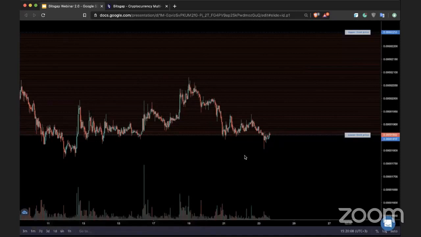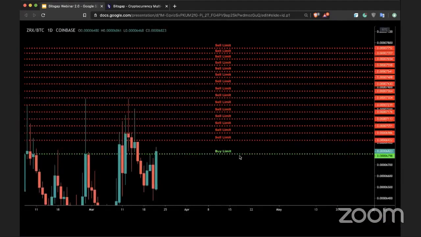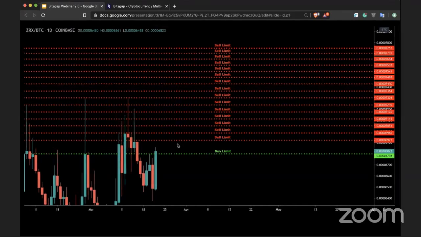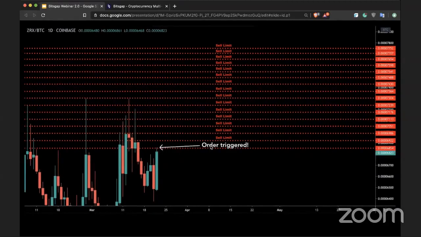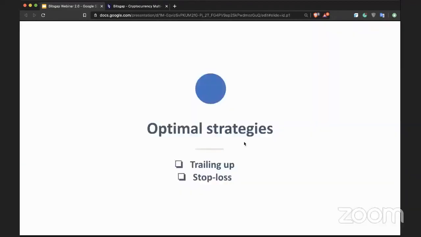If you only have a sell side, that means you place only sell limit orders. And in this example, you see that the order was triggered as the price moved upwards, and a consequent buy limit order is placed right below the price, maintaining the grid spacing. So yeah.